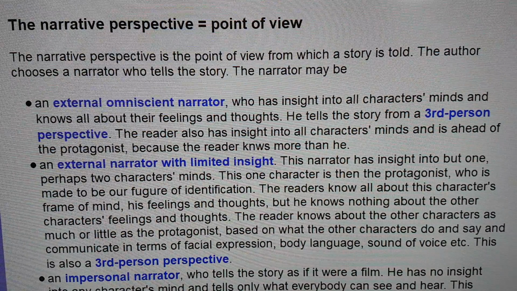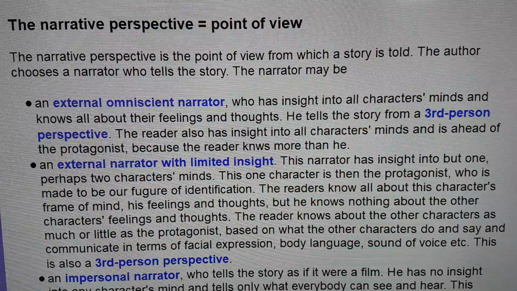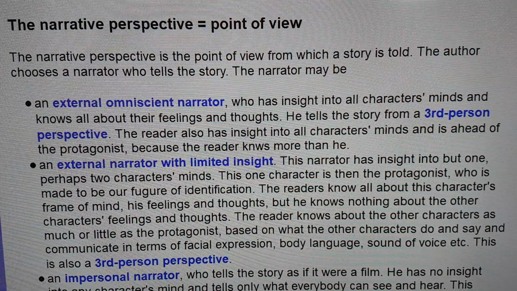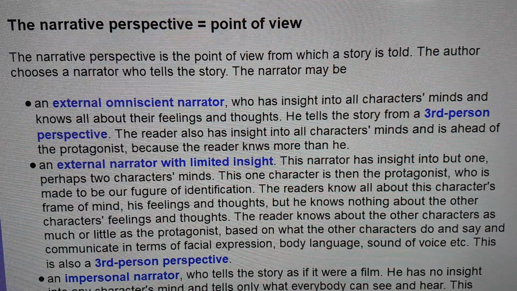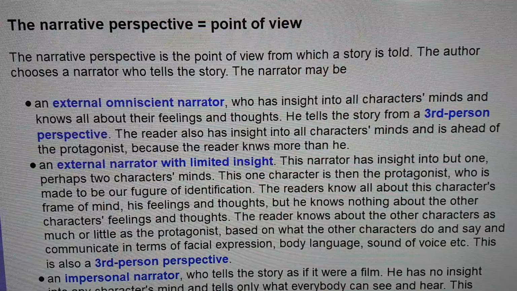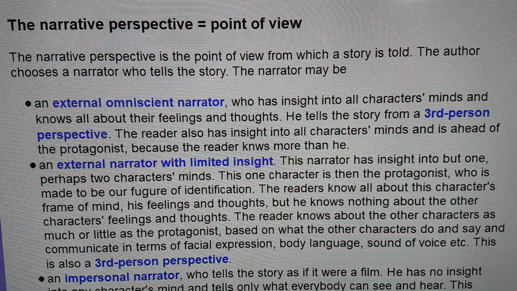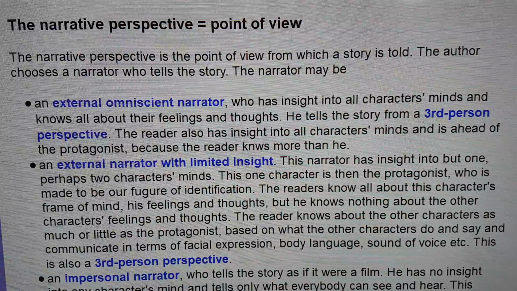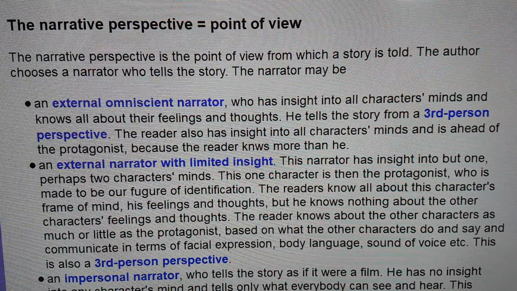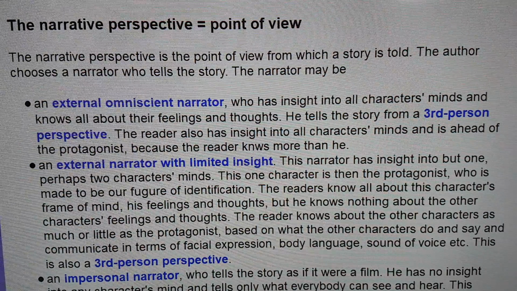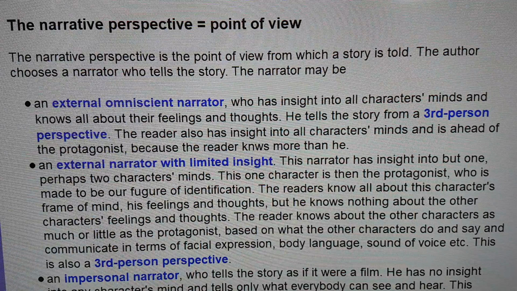The narrative perspective is the point of view from which a narrator tells you a story, either his own story or somebody else's story.